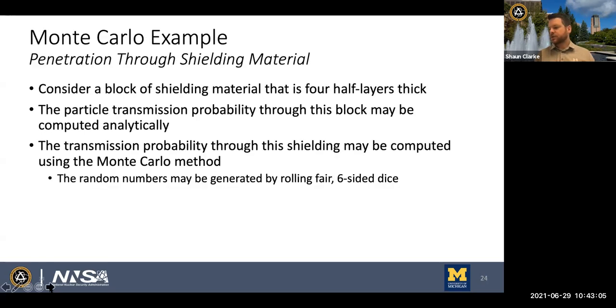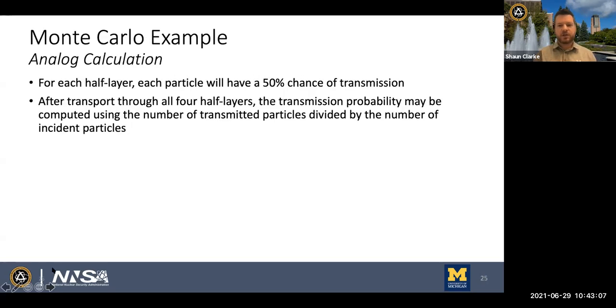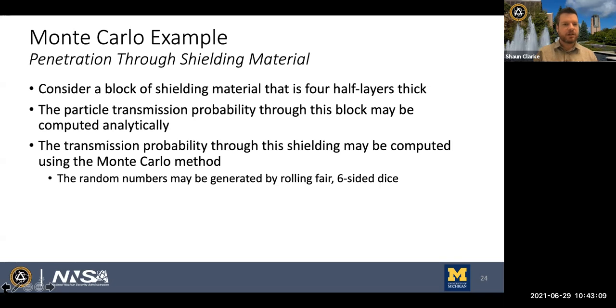Then let's just talk briefly about this last one. I think we'll then stop there for the day. I want to talk a little bit about something that's more relevant to nuclear engineering as we wrap up for the day. We're going to talk about penetration through shielding material.